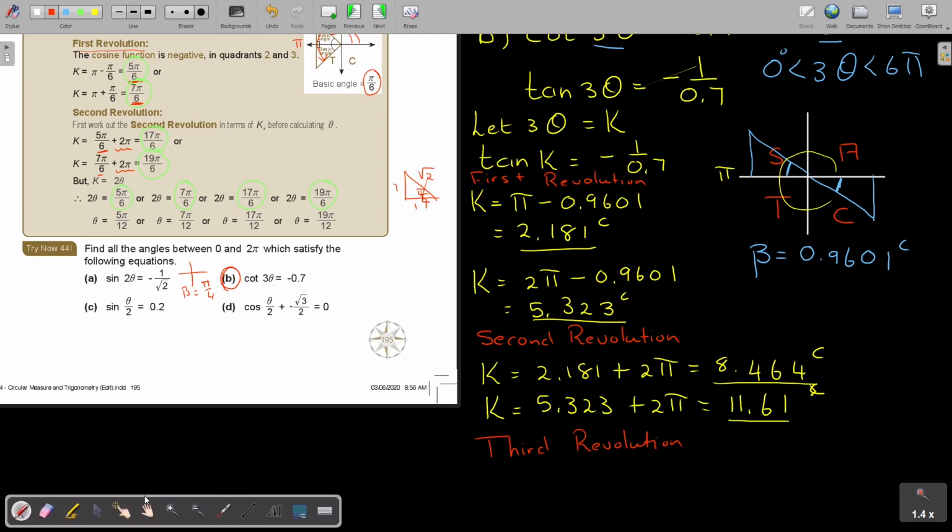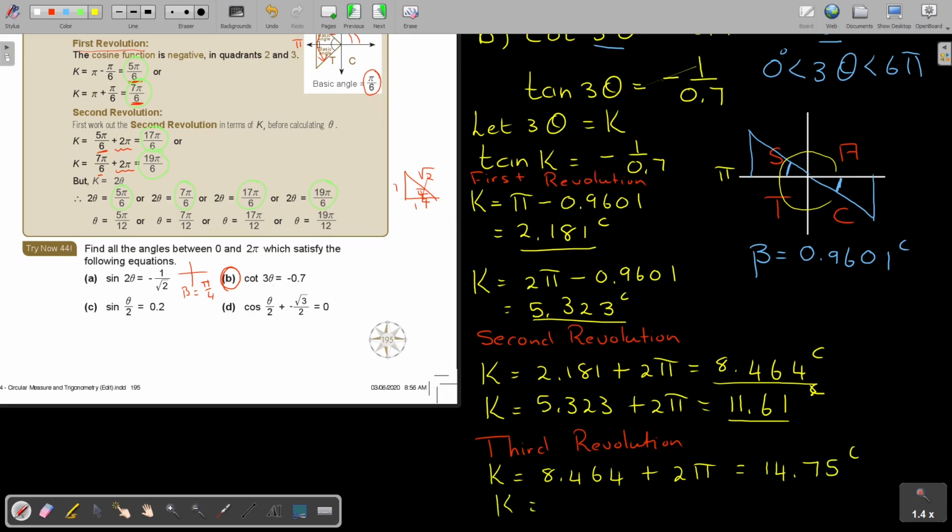Now let's just move this. So now I'm going to get k. It's going to be that 8.464 plus 2 pi. So 2 pi plus 8.464 equals 14.75 radians.